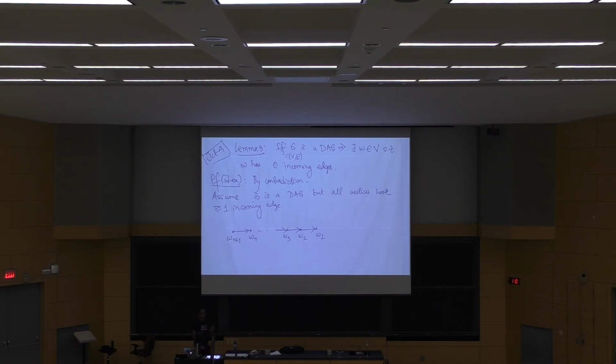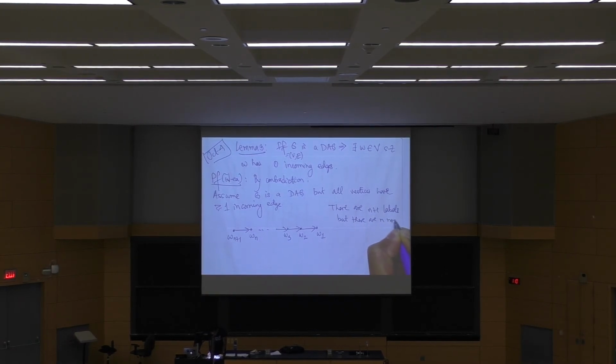And the reason you can do that, and you can of course keep on doing it forever if you wanted to, is because every vertex has an incoming edge. Okay? So what we have is there are n plus 1 labels, but we know by definition there are n nodes, right? Because that's what I started with. But there are n nodes.